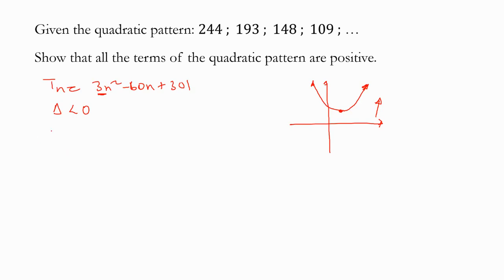So let's find the discriminant. Discriminant is equal to b squared minus 4ac. So discriminant is equal to negative 60 squared minus 4 times 3 times c, 301, which is equal to negative 12. So we can see that the discriminant is what?